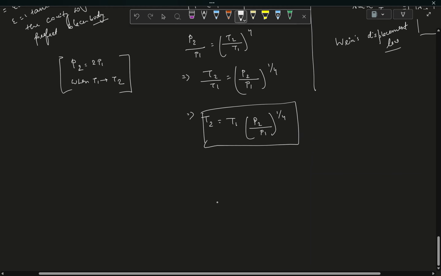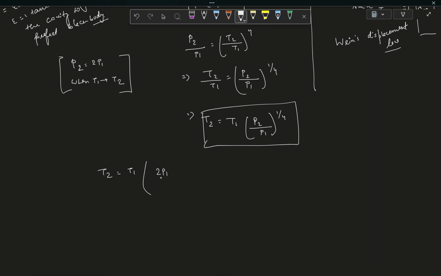So T2 is simply T1 times 2P1 by P1 to the power 1 by 4. So T2 will be T1 into 2 to the power of 1 by 4.